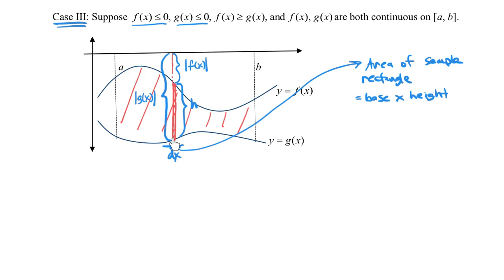So we take the absolute value of g of x to get this entire length. We subtract off the absolute value of f of x, which is this little piece here, and that'll leave us with the height. So back over here, we're going to have base times height, which would be dx times absolute value of g of x minus absolute value of f of x.